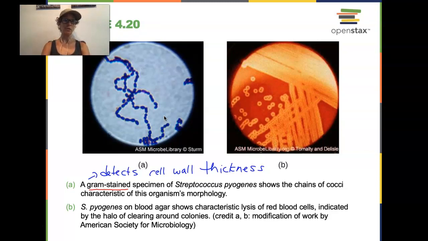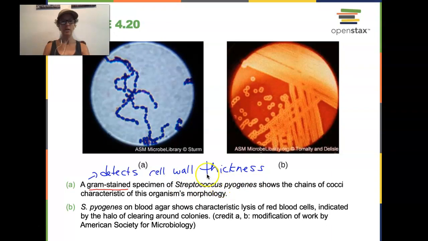The good news is gram stains are really frustrating to do, and we're going to have some very nice pictures of them. So gram stains do detect that cell wall thickness. The gram positives are called that because they positively hold on to that first stain because they have very thick cell walls. The dye gets trapped in there and can't be washed out of the cytoplasm. This happens to be Streptococcus pyogenes.